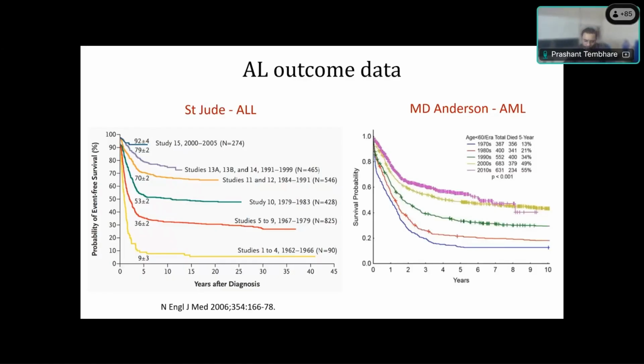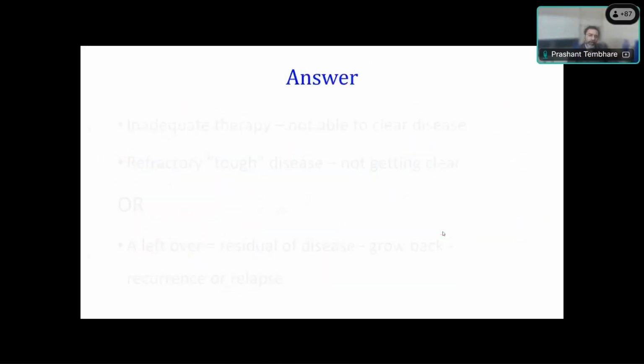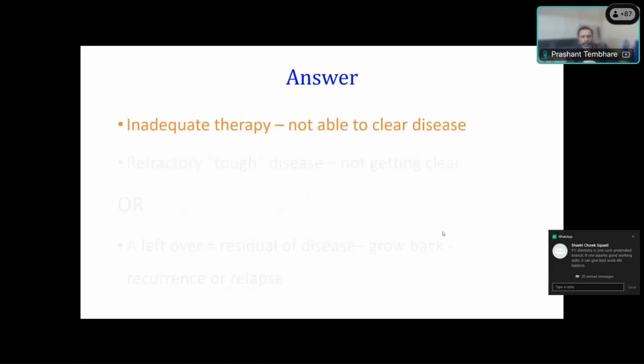So what happened? What changed over a period of years? We know that science progressed a lot. We had a lot of discovery of drugs, and management. But the most important factor which contributed is that probably the therapy was inadequate earlier.